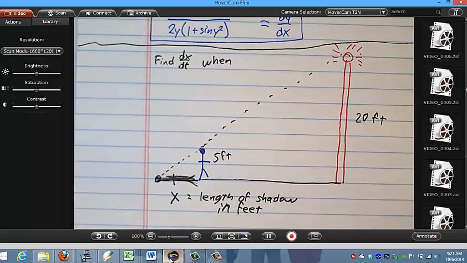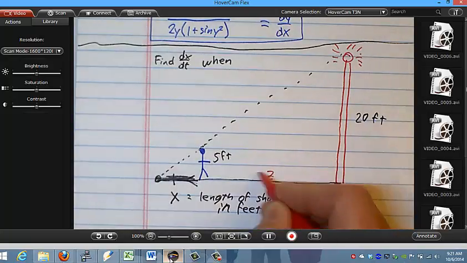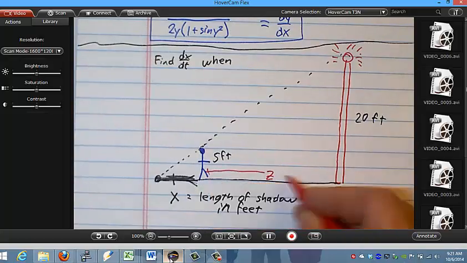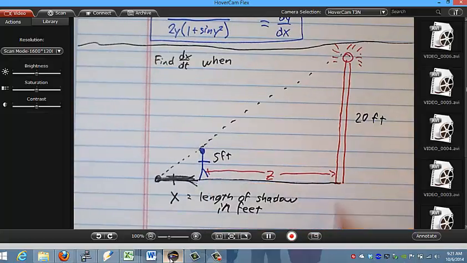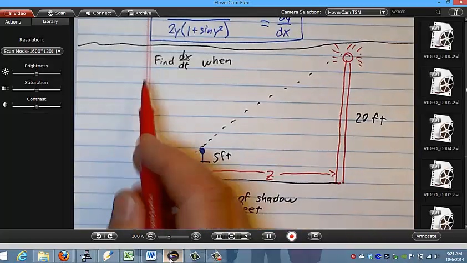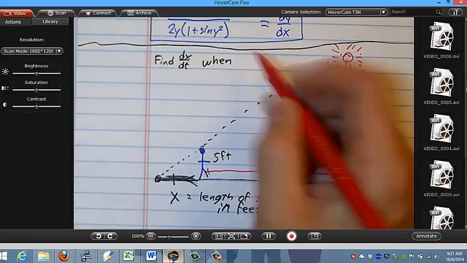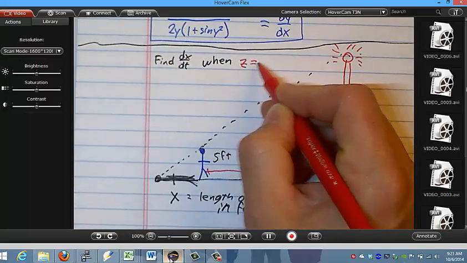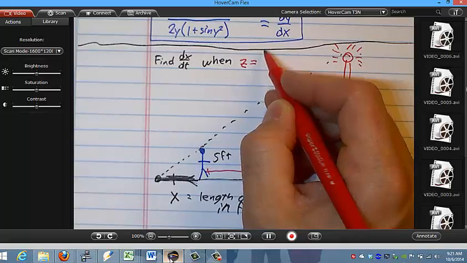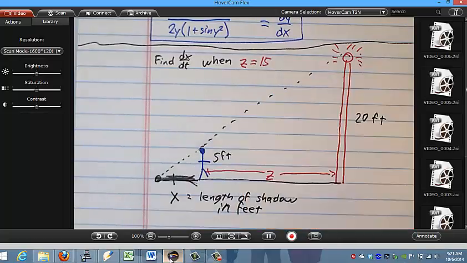Let's call this distance Z from the woman to the light. Is that okay? We're supposed to find dx dt when z equals 15.